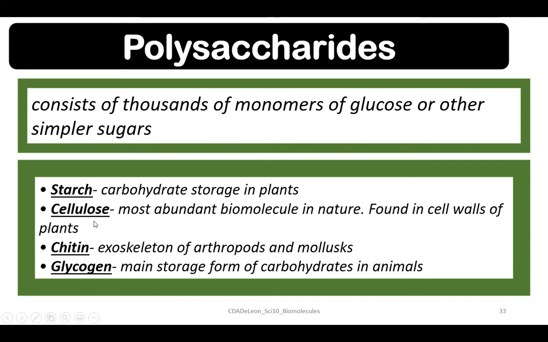Cellulose is the most abundant biomolecule in nature, found in cell walls of plants. Chitin, an exoskeleton of arthropods and mollusks. And glycogen, a main storage form of carbohydrates in animals.